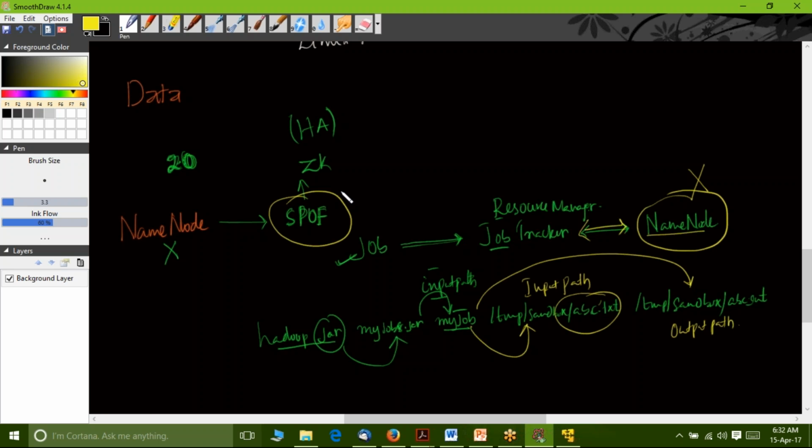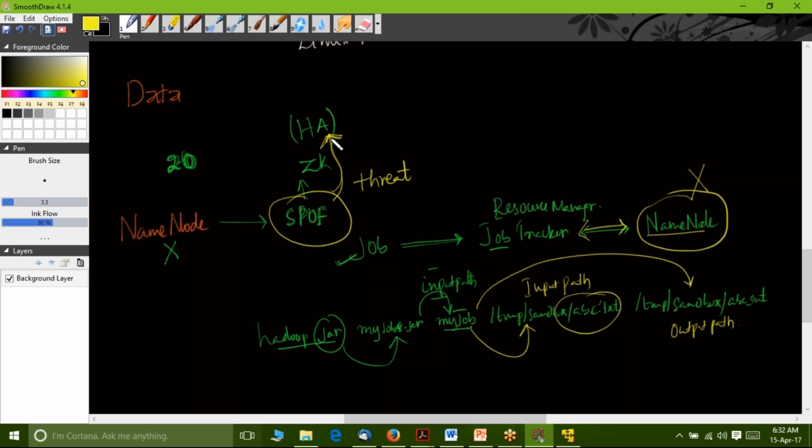And slowly this has been eliminated to make your cluster highly available. Of course, today we don't have that threat. What is that threat? Single point of failure threat. With the advent of ZooKeeper, journal nodes and all that stuff, we don't have any threat of single point of failure.